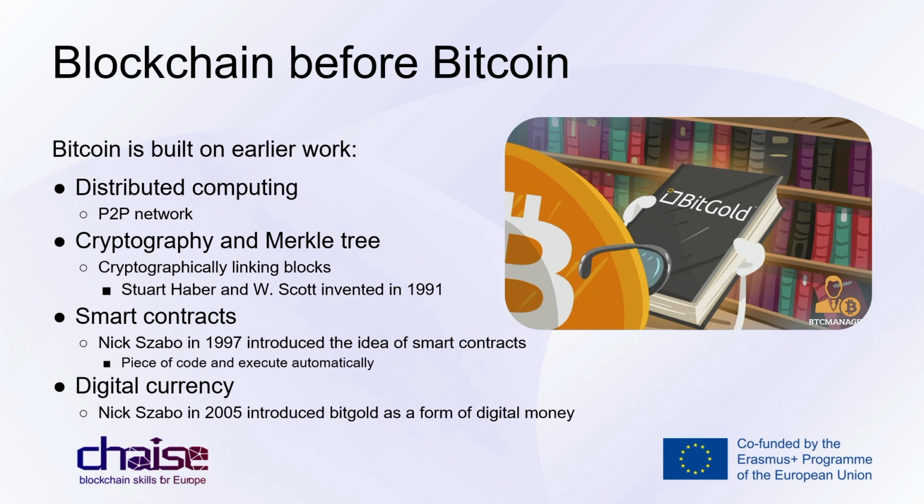Bitcoin is built on earlier works. For example, Bitcoin constitutes distributed computing, peer-to-peer networks, cryptography and Merkle trees. All these concepts existed before the Bitcoin implementation, as well as cryptographically linked blocks presented by Stuart Haber and Scott Stornetta, invented in 1991, and the smart contract idea brought by Nick Szabo in 1997.